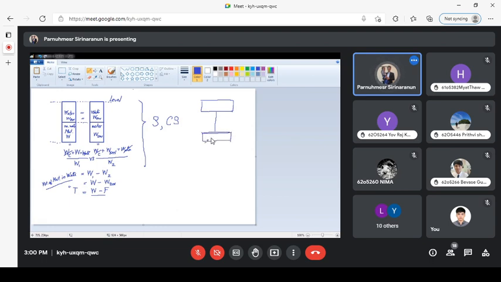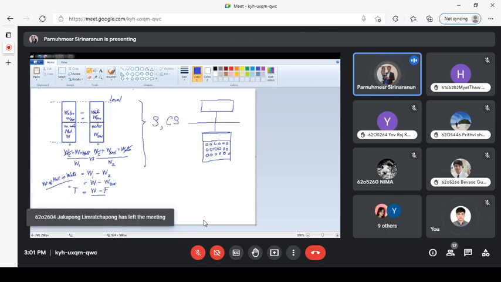This basket is not a normal basket. You know baskets have holes, something like this. Yes or not? So if it is in the water, this basket lets the water go inside easily.